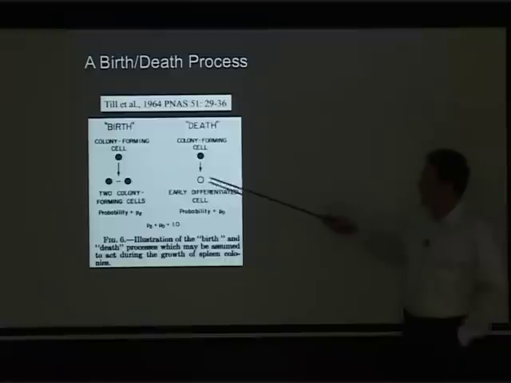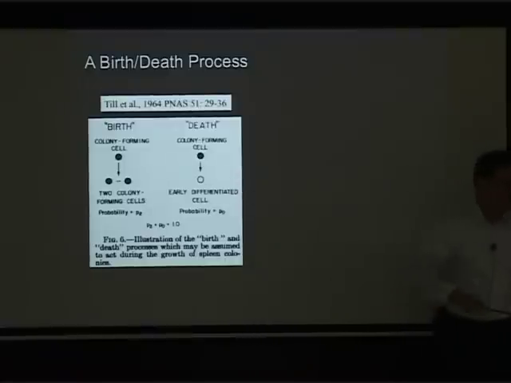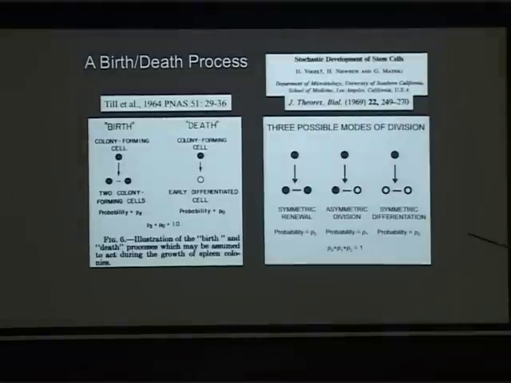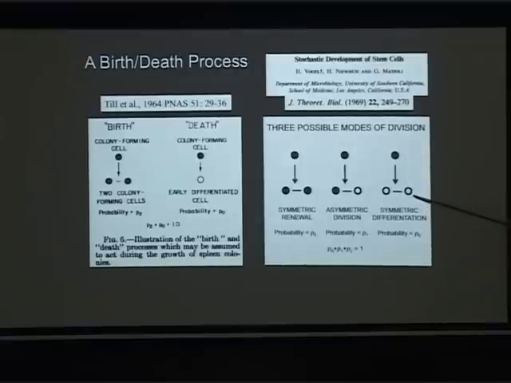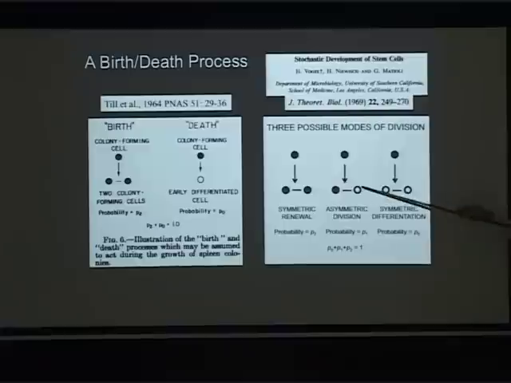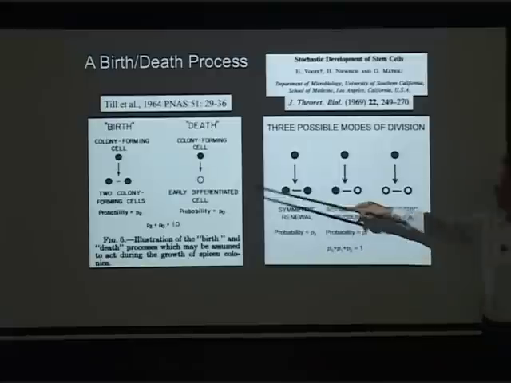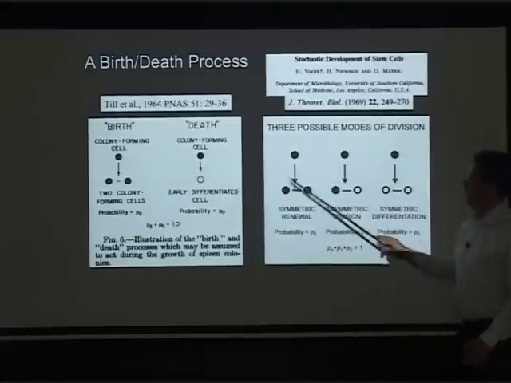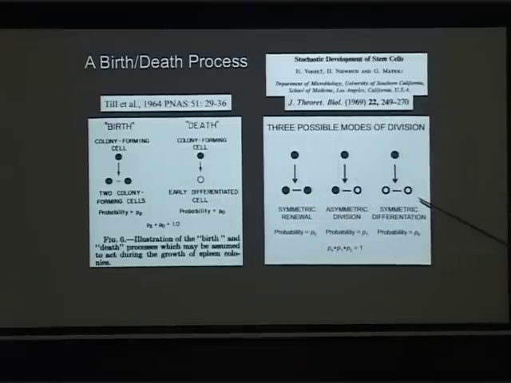And he recognized that there are actually 3 processes that go on here, although one of them you can sort of ignore. So we tend to draw it this way, that a cell can make 2 stem cells, 0 stem cells, because both differentiate, or 1 of each. But 1 of each doesn't change the numbers of anything, so you can sort of ignore that one in the math, and you could just deal with it this way. Doesn't really matter. You can do the math either way.